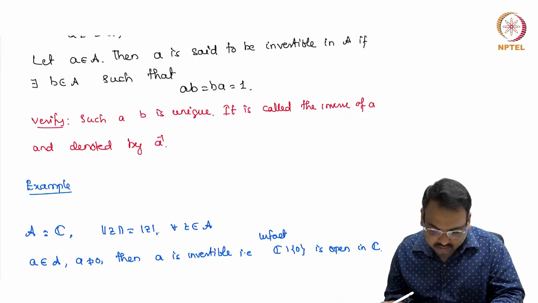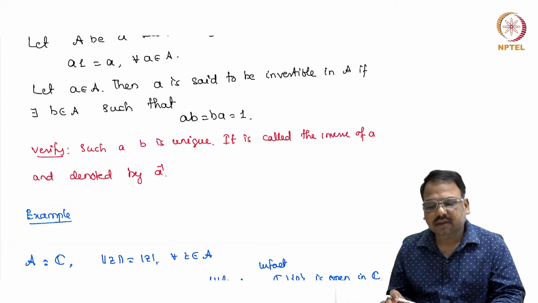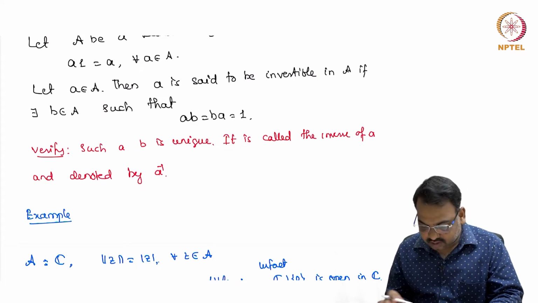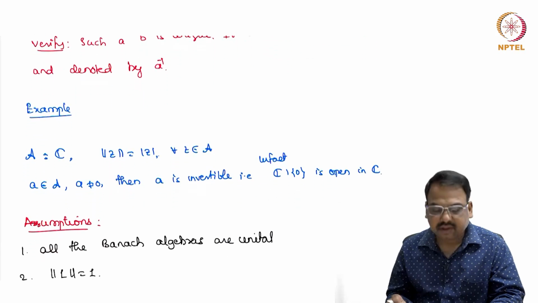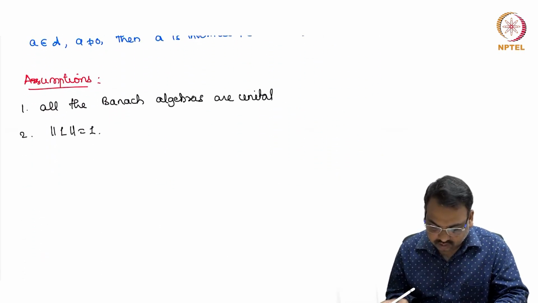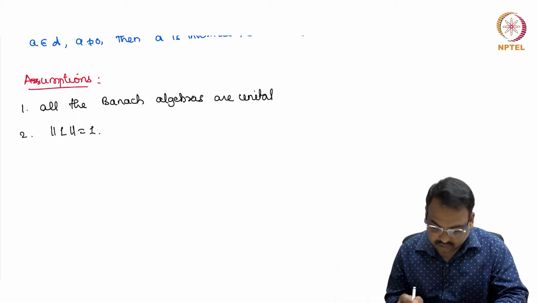If A is a non-unital Banach algebra, we can embed that algebra in a bigger algebra which is unital. For that reason we can always assume the algebra to be unital. That process we call unitization. I will just give an idea of the unitization process.